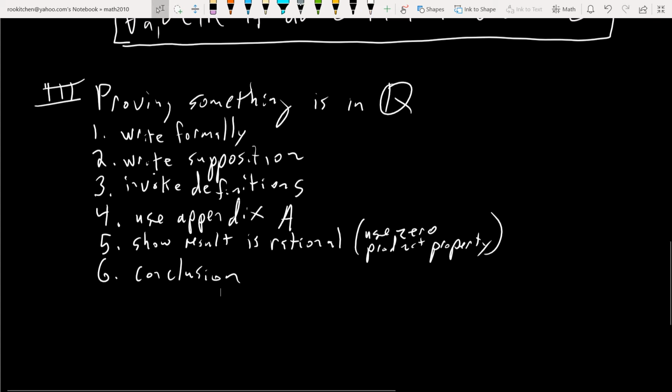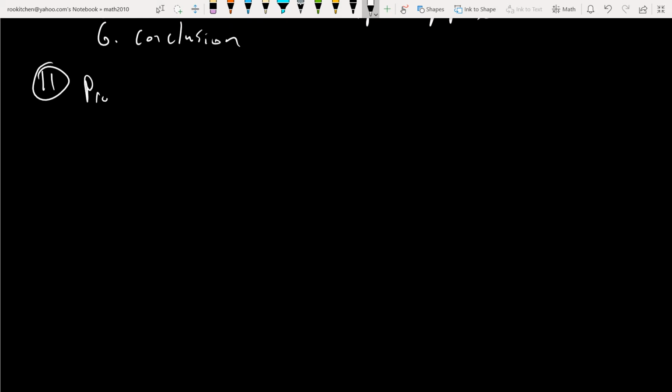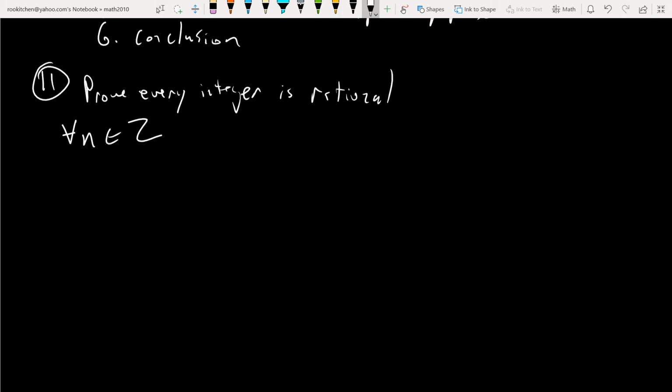Alrighty then, so let's try one, and it's the proofs of the obvious kind of thing. This is number 11 in the book. Prove every integer is a rational number. Okay, so first translate that into symbols: for all n in Z, n is rational.